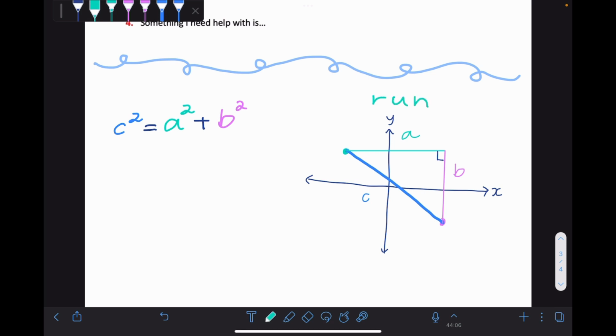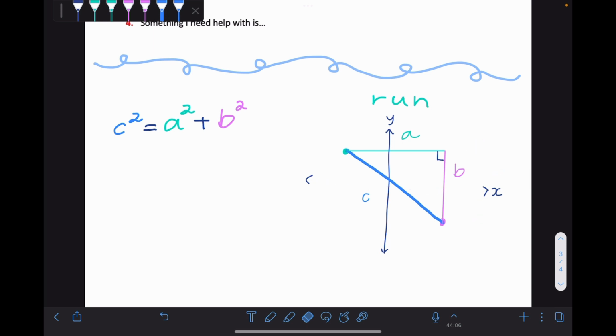Alright? And similarly, we know what this B is. We know this B is just how far it's gone up or down, our rise. The problem with calling it rise and run is, as we saw earlier, depending on if it goes down or if it goes up, it changes whether it's positive or negative, and that's really easy to make mistakes with, like I did, and I promise you that wasn't planned.